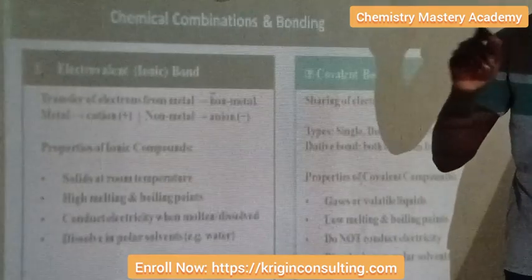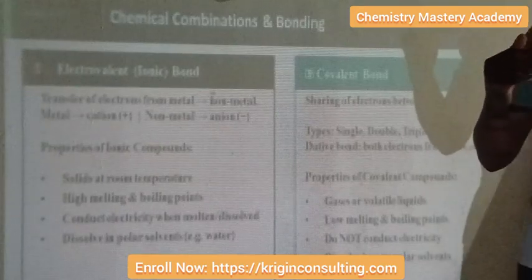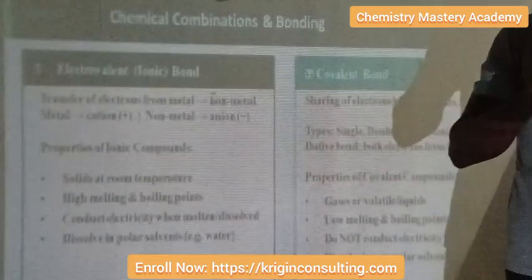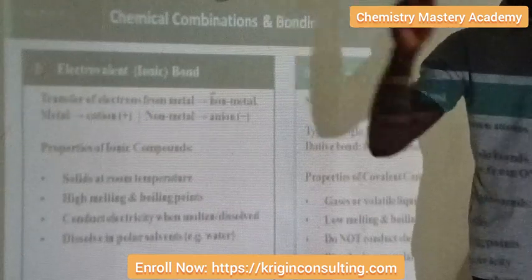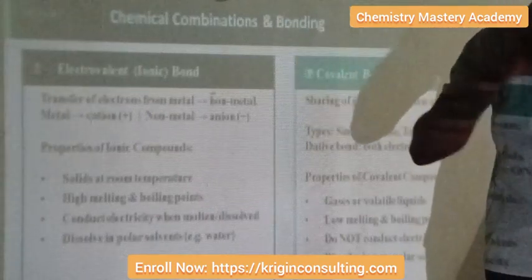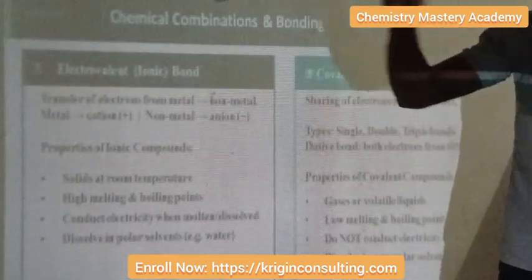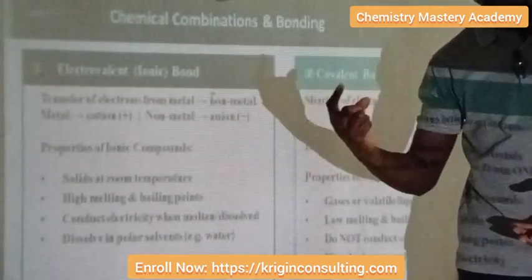What determines whether an element will have a positive or a negative charge is simple. When an element is transferring electrons to another element, the element that is transferring electrons becomes positively charged, while the element that is receiving the electrons becomes negatively charged.